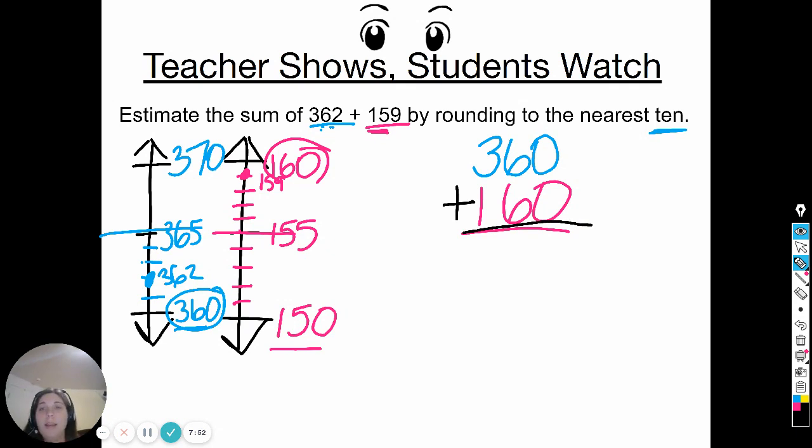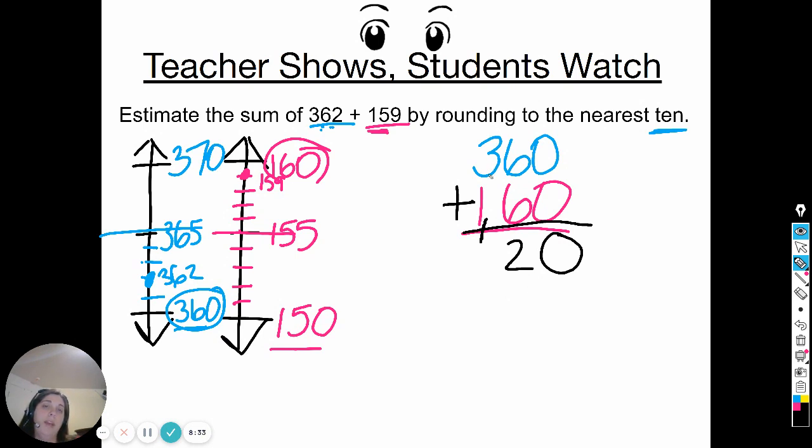So I'm going to be adding these two numbers together. I figured out about what those numbers equaled, and now I'm going to add them together. First over here, I have 0 plus 0, which is 0. Next, I have 6 tens plus 6 tens, which is 12 tens. So remember, I'm going to put 1 ten on the line and the 2 ones below. 6 plus 6 is 12.